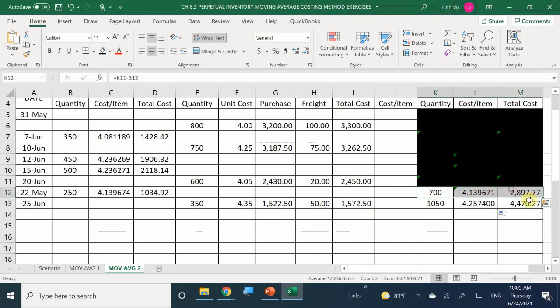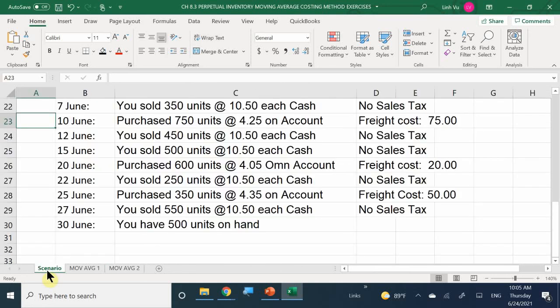Now our inventory is getting expensive. All right. We jumped from $3 all the way up to $4.25. So last but not least, what happened on June 27?